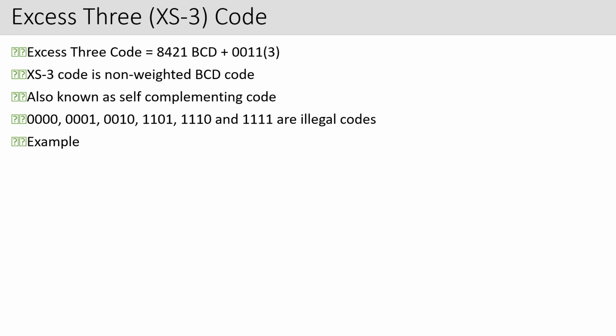As I told you, things will become clearer with an example. Say I have the decimal number 14. In BCD, how will I represent 1? I have to represent it by 4-bit binary, so 0001, and 4 can be written as 0100. Now what will you write for the XS3 code?